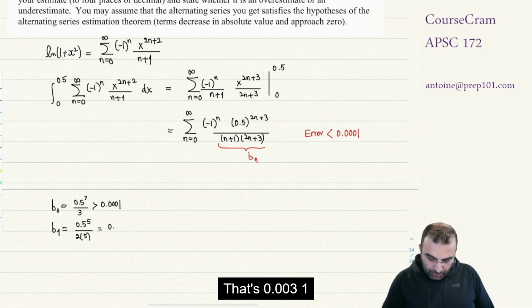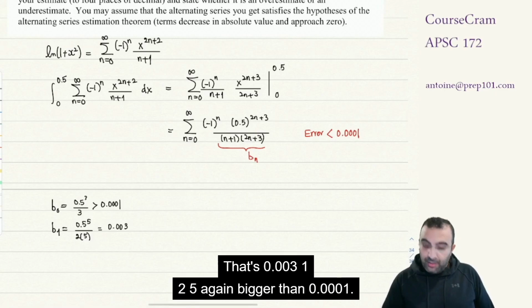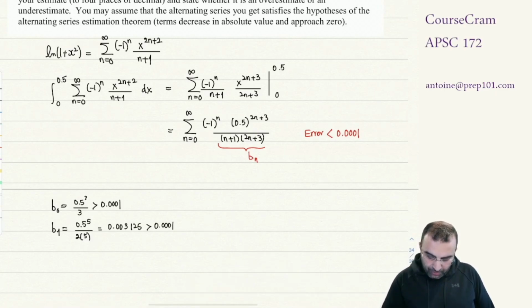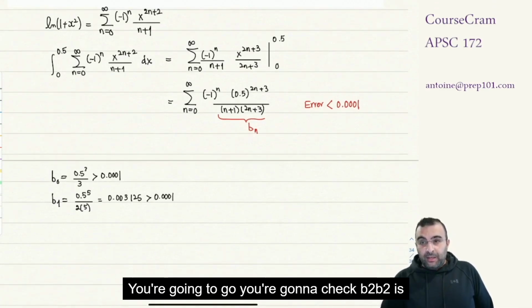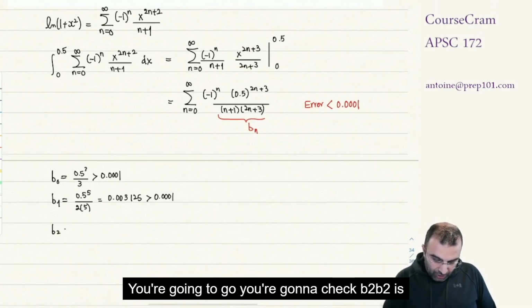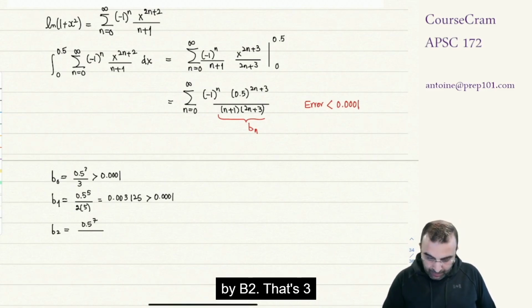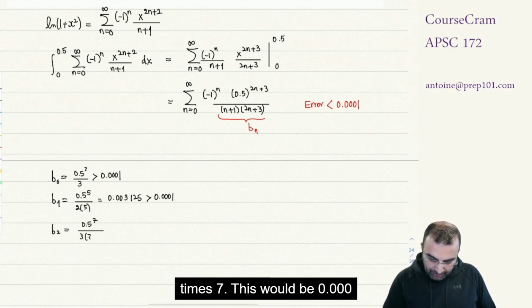That's 0.003125, again bigger than 0.0001. Now check b2. b2 is 0.5 to the 7 divided by 3 times 7.